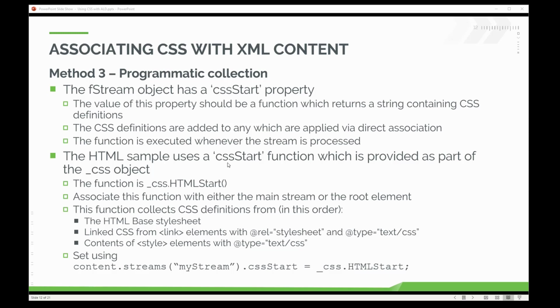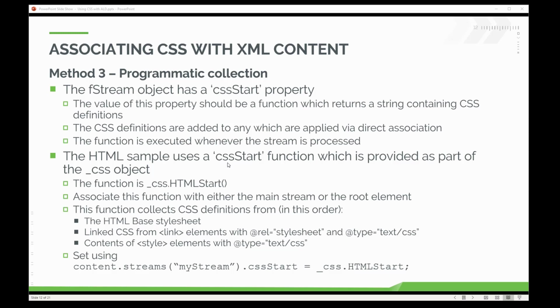So let me go over that again. There's a property on FStream now called CSS start. You should point that to a function, and that function needs to return a string containing CSS definitions. Those CSS definitions are added to the collection of CSS definitions which are applied to the content stream.